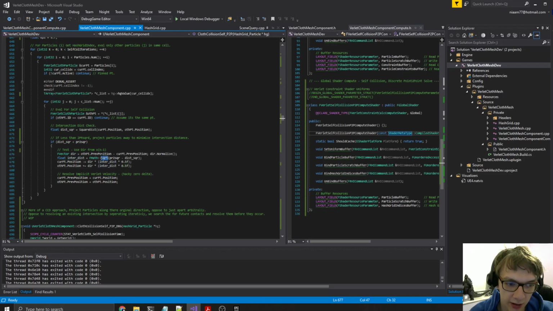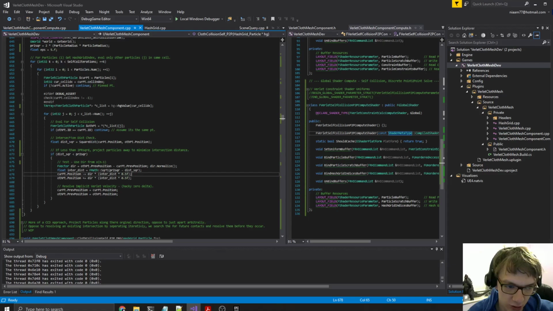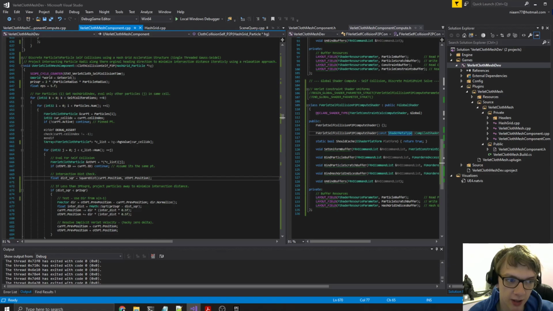The only square root we do is to get the final intersection distance, but theoretically we could approximate this, it's just easier to do one square root there. The actual distance check uses squared distance, which is basically a Euclidean distance function without the square root. So the particle radius we're checking is also squared, 2 times particle radius squared.